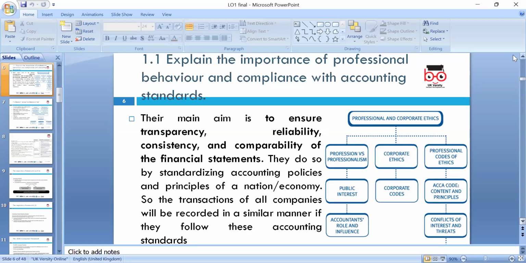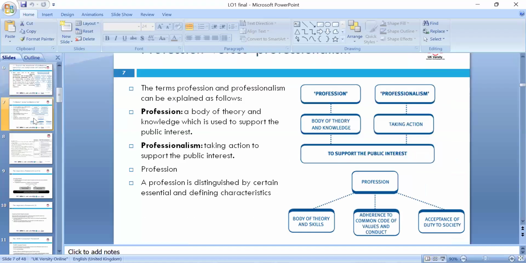We need to look at the economic transactions, and all must be recorded in a similar manner and follow the accounting standard. Of course, turnover, revenue, and sales are the same, but we use the word revenue, following standardized IAS 1.